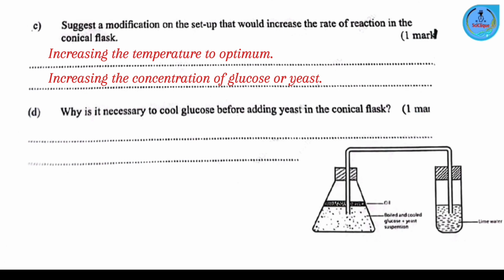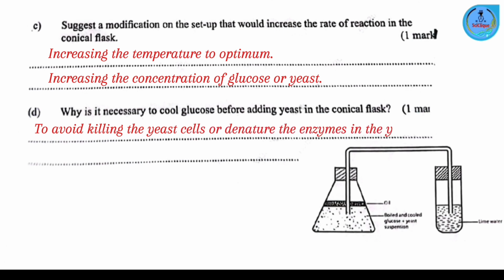Now, the reason is because yeast consists of yeast cells. Now, if they are exposed to high temperatures, what will happen is that you will end up killing the yeast cells. Now, by killing the yeast cells, you will also denature any enzymes that are present within the yeast. Okay? Remember, enzymes are sensitive to temperature changes.